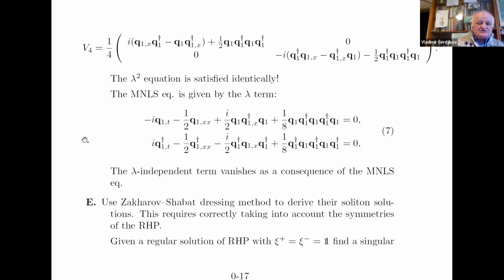Okay, so thus, starting from the Riemann-Hilbert problem, we constructed the Lax pair, and we obtained the corresponding nonlinear equations of multi-component NLS type. Next, the last step here is, since we have the Riemann-Hilbert problem, we can use the Zakharov-Shabat dressing and derive the soliton solutions. And of course, we have to take into account all the symmetries in the Riemann-Hilbert problem.